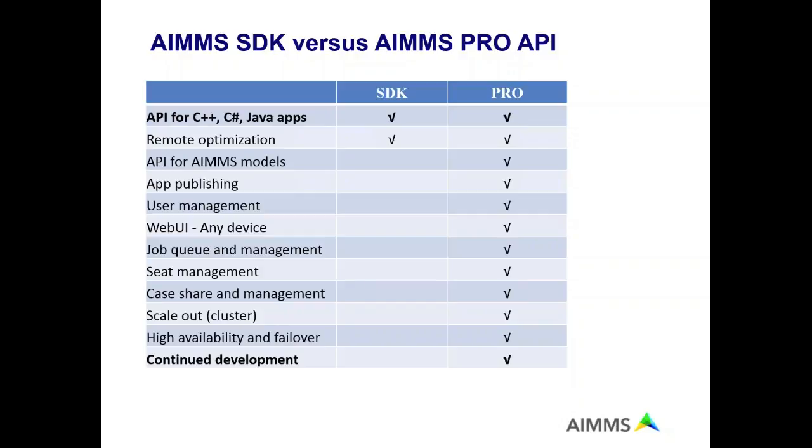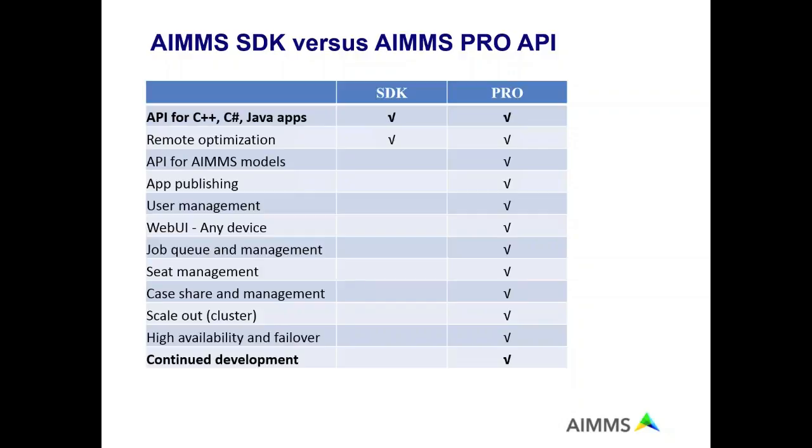If a machine needs maintenance and needs to be shut down for some reason, the other machines in the AIMMS Pro cluster take over, which makes the cluster highly available, and the cluster will make sure that the jobs that are running on the machine being shut down are taken over by the other machines.